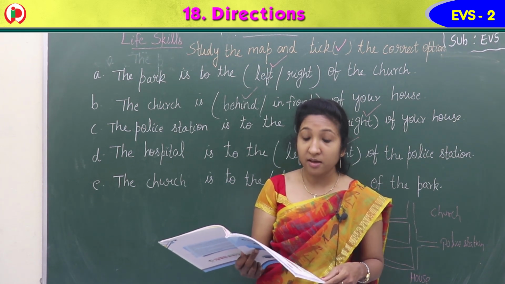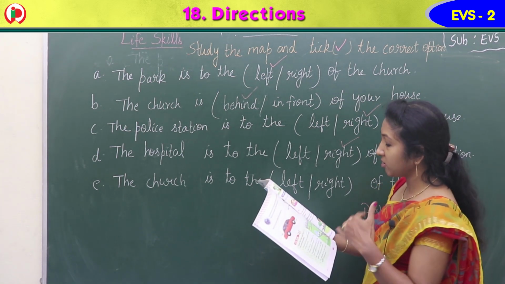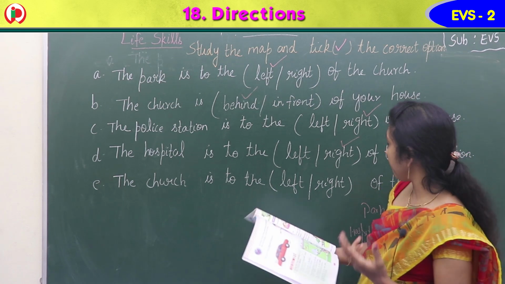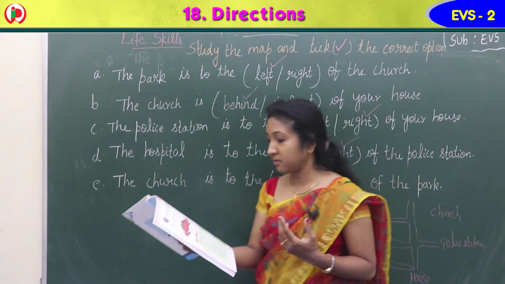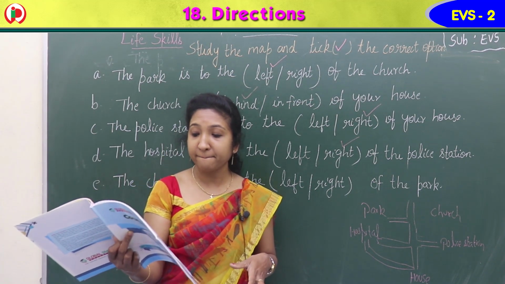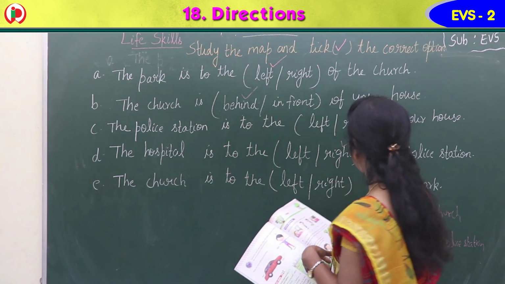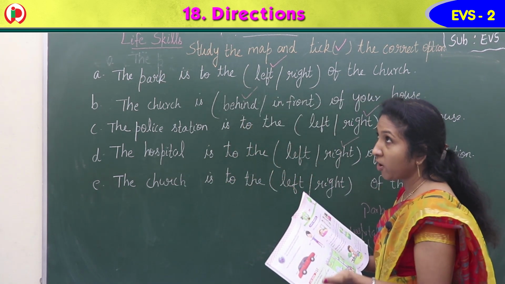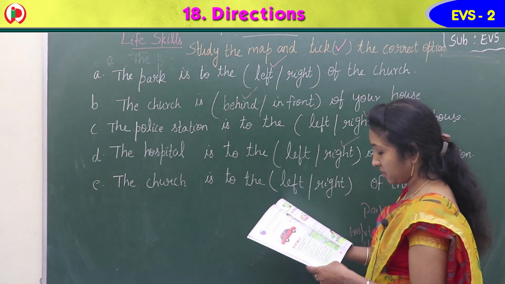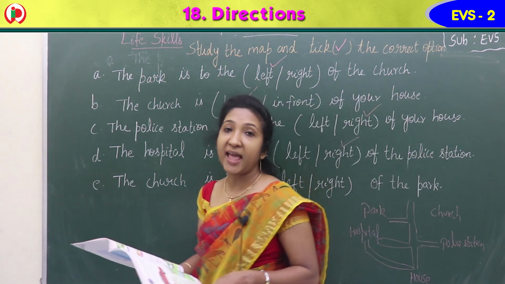Think and tell the answer. If you are in the park, then you can tell whether the church is to the left or right of the park. Which side will be the answer?